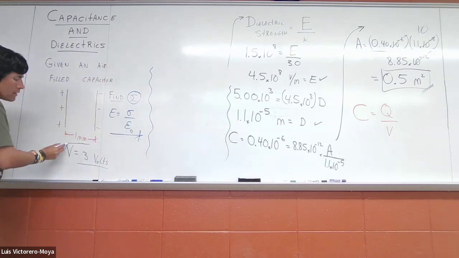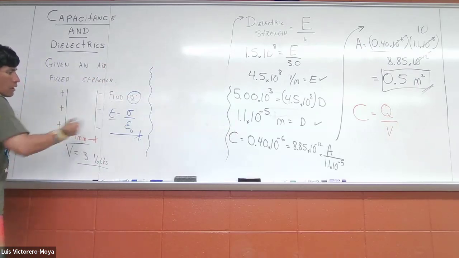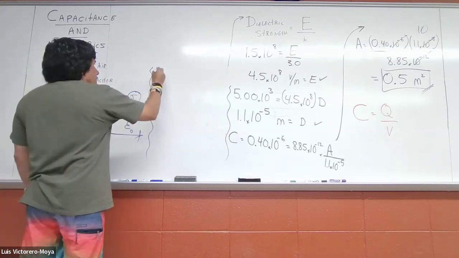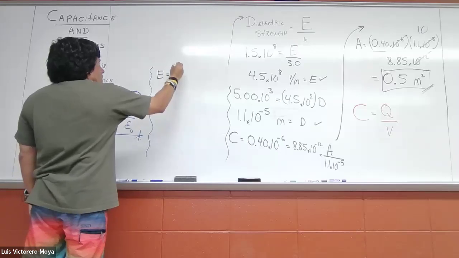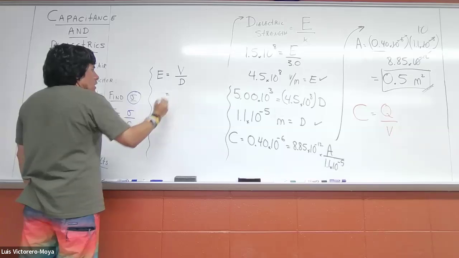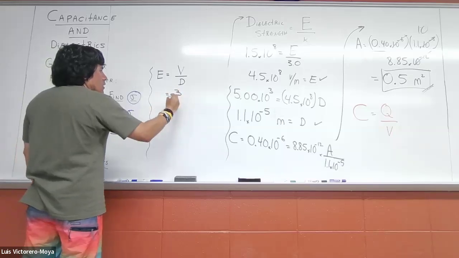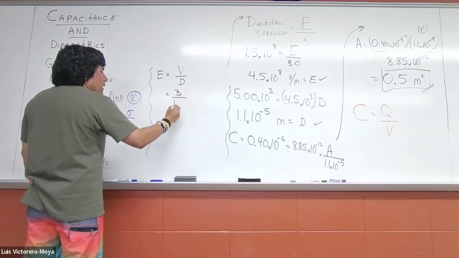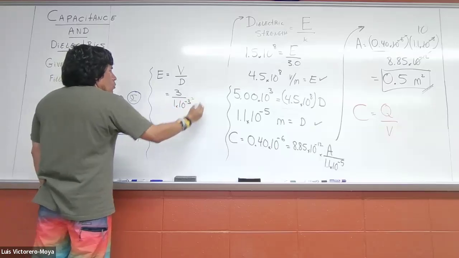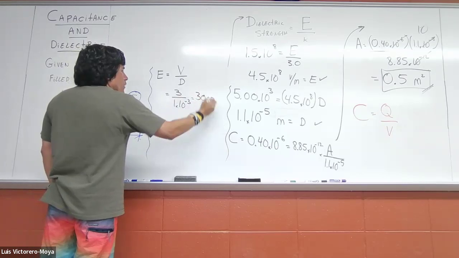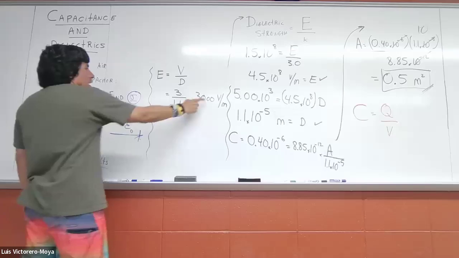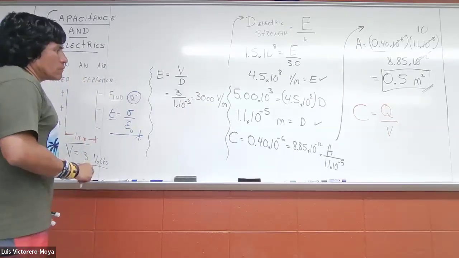I have 1 millimeter, the distance between the plates. I can find electric field. The electric field is the voltage divided by the distance. So that will be 3 volts divided by 1 millimeter, which is 3,000 volts per meter. That's the electric field between the plates.